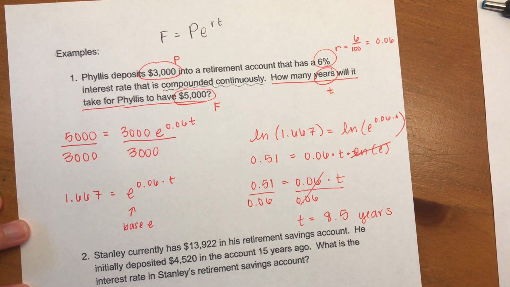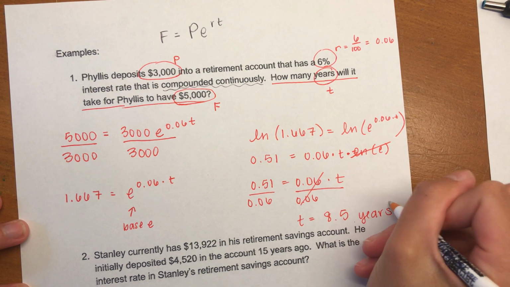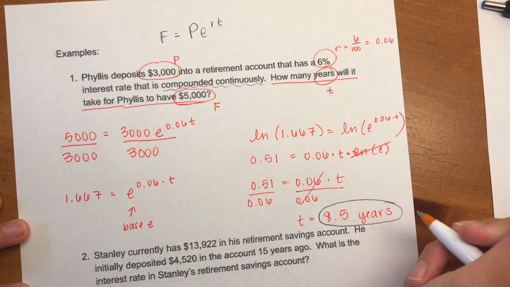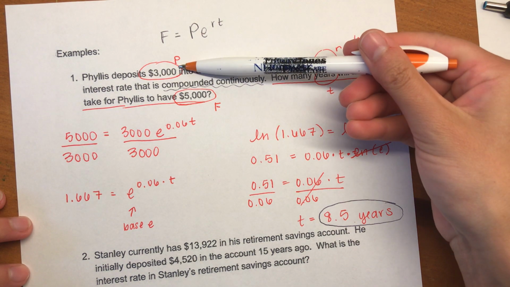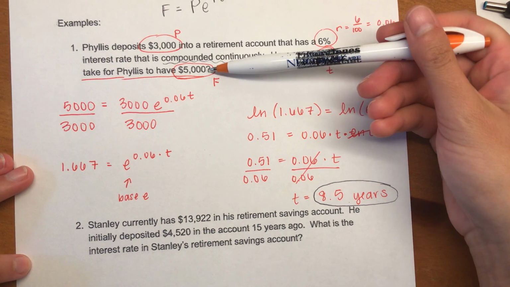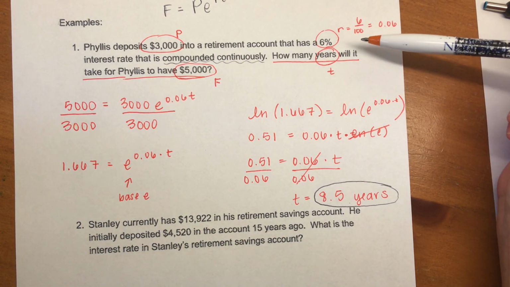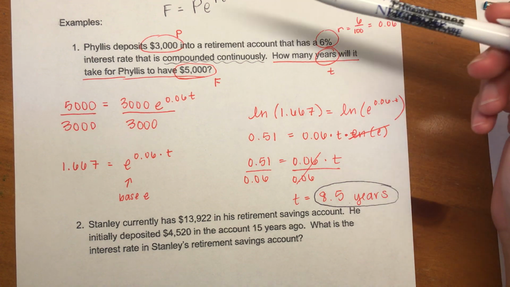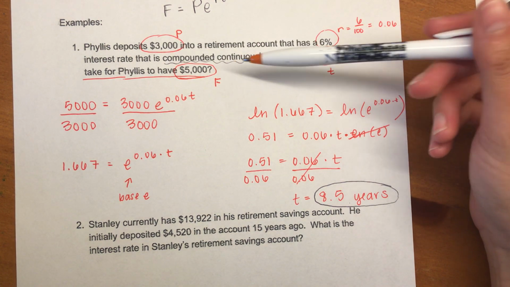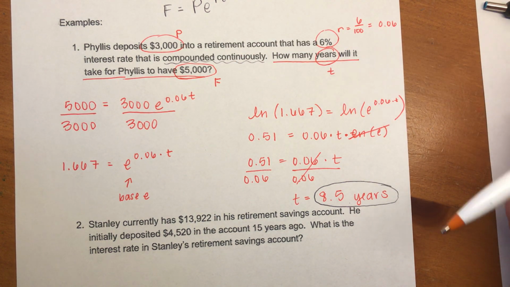So my answer here is 8.5 years. So this means that if Phyllis started with $3,000 and she ends with $5,000, and the rate is 6%, it'll take 8.5 years for $3,000 to get to $5,000 at a rate of 6%.